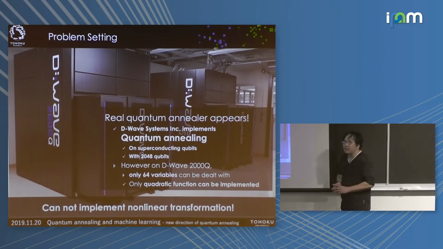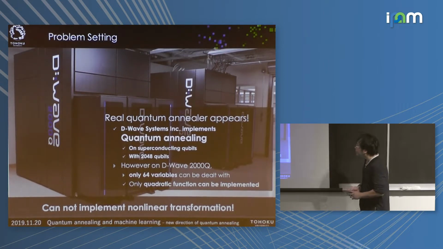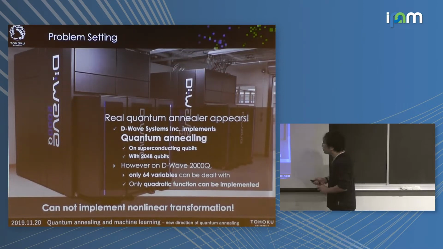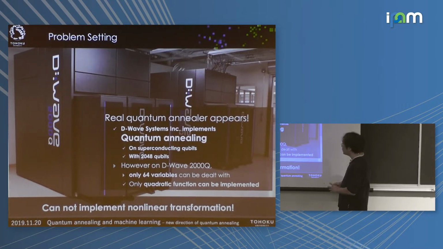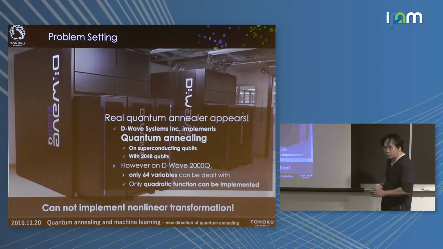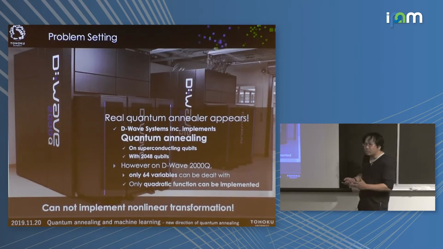D-Wave Systems, a Canadian startup, implements quantum annealing in their superconducting device, with 2048 superconducting qubits. But as stated before, on the current version of the D-Wave 2000Q, we have some restrictions.